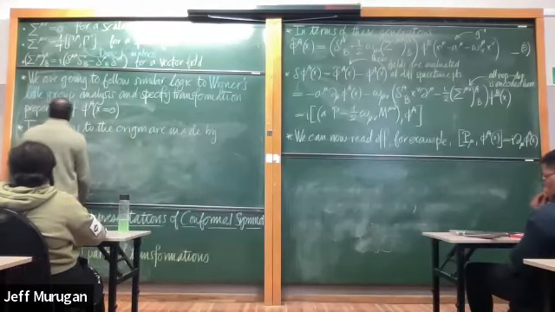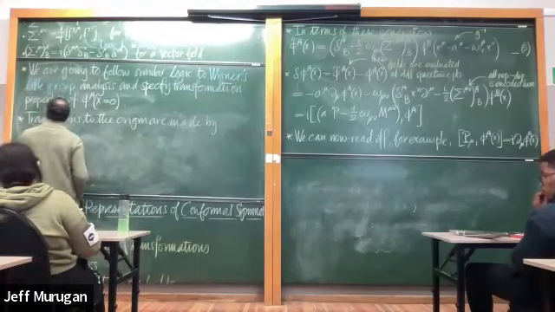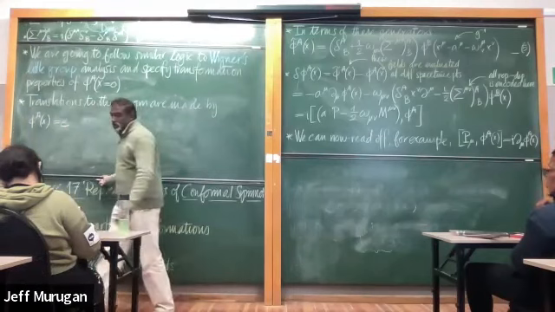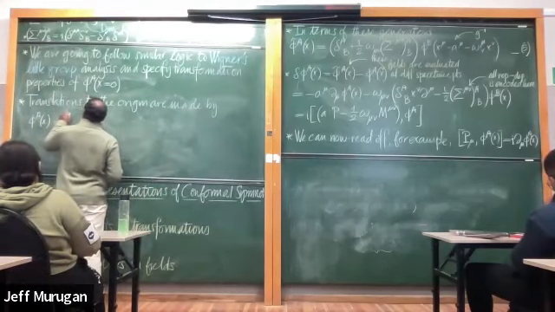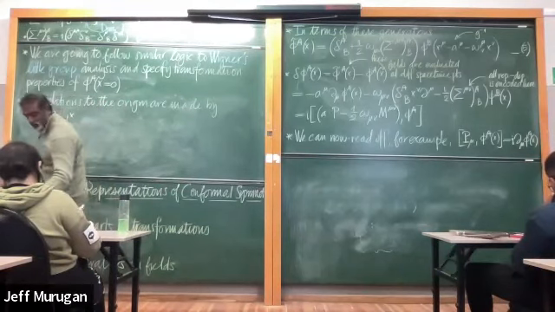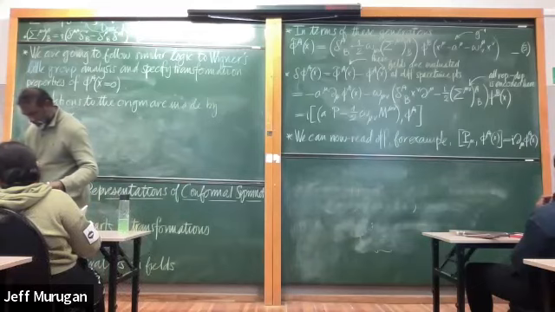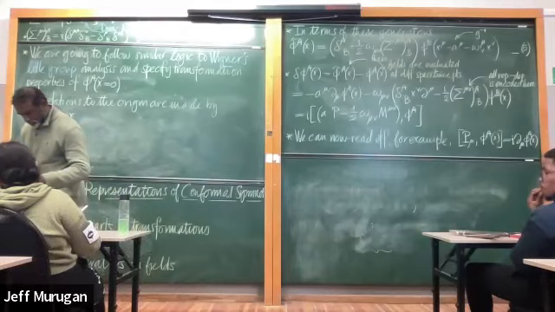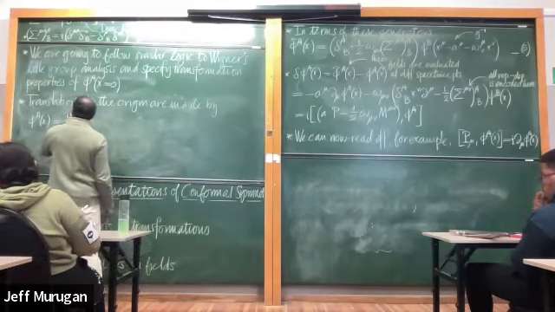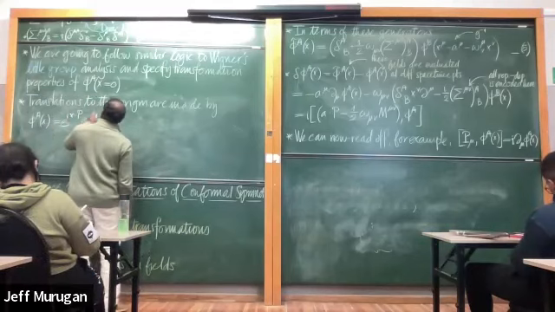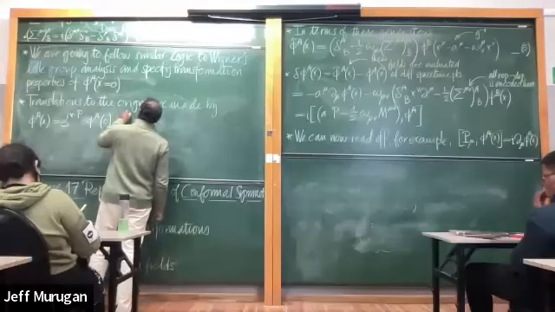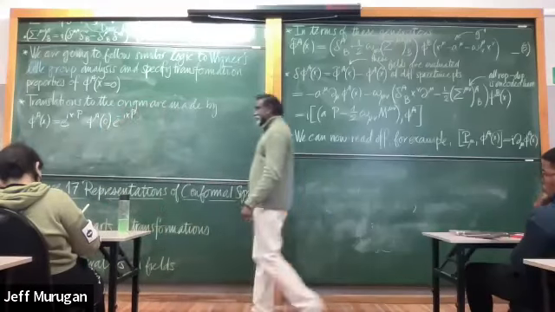So here, phi A of x is e to the i x dot P phi A of 0 times e to the minus i x dot P. This kind of makes sense, right?